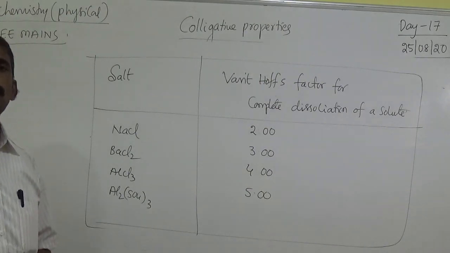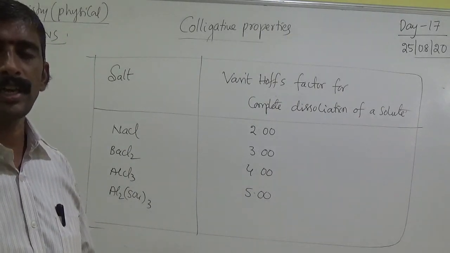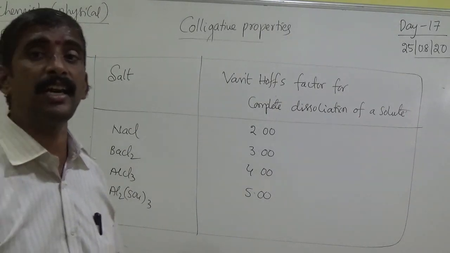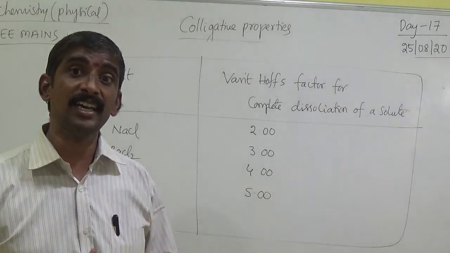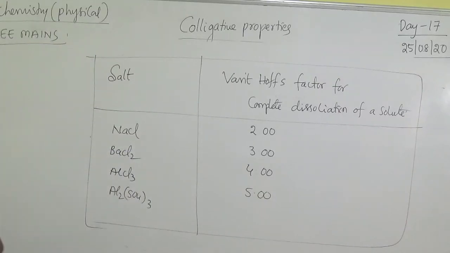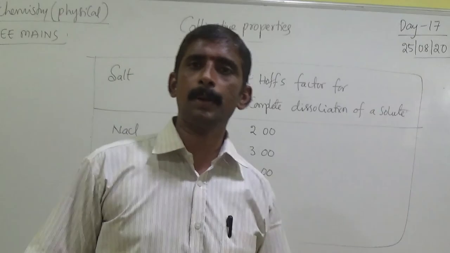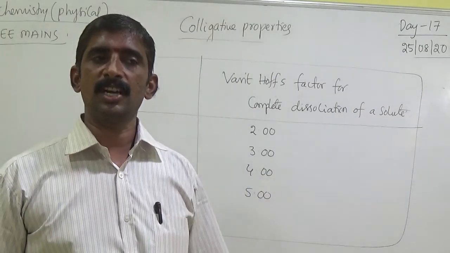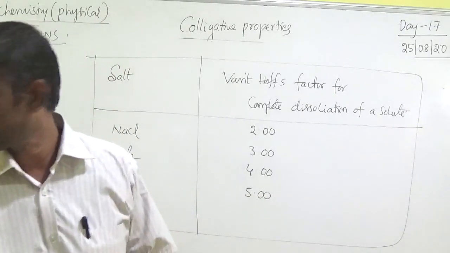So these are van't Hoff factor, degree of dissociation and association. And van't Hoff factor is related with colligative properties. So colligative properties means how many? 4. Relative lowering of vapor pressure, elevation of boiling point, depression of freezing point, and the last one is osmotic pressure.